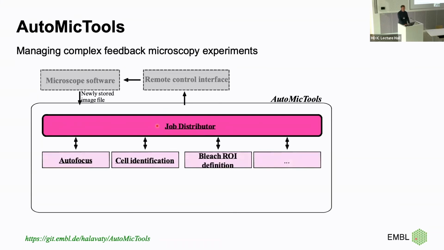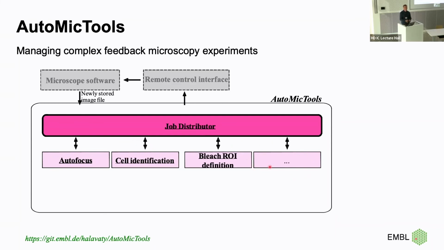Then the job distributor communicates to other modules, which can be customized as scripts, which will do the particular job. For standard tasks like finding autofocus, simple cell segmentation, finding the bleaching row, or segmenting the structure, we have already predefined procedures, but the idea is that it will always be expandable.